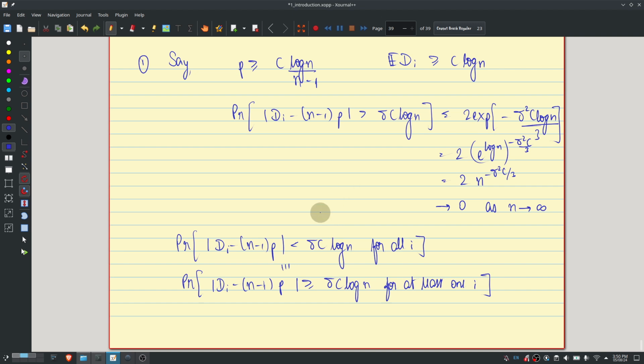So I can't say that this is equal to a product. If they were all independent, then this would just be equal to the product over all i of the probability that d_i minus (n minus 1) times p is less than delta c log n. Right? So if they're independent.